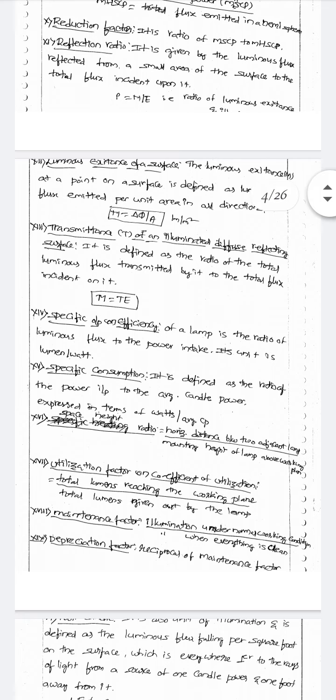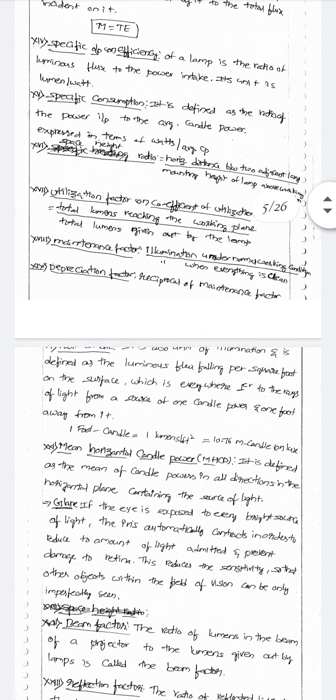Next one is the utilization factor or coefficient of utilization. It is defined as the ratio of total lumens reaching the working place to total lumens given out by the lamps.